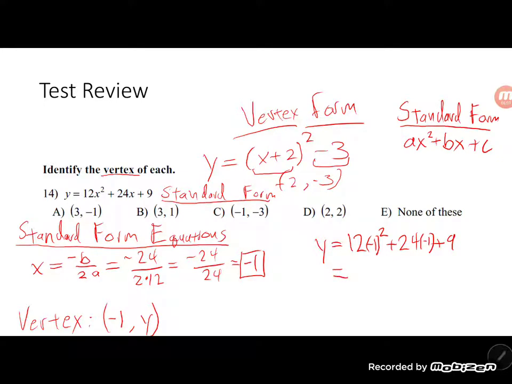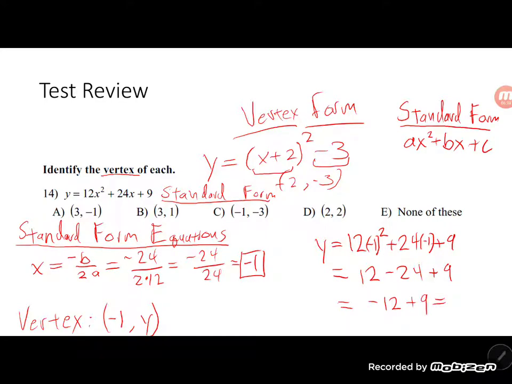So now I can start to calculate this, and calculating it, I still just want to follow PEMDAS. So I can do my -1 squared times 12, which is 12. 24 times -1 is -24, and then plus 9. I go ahead and do that addition, and it's going to be -12 plus 9.